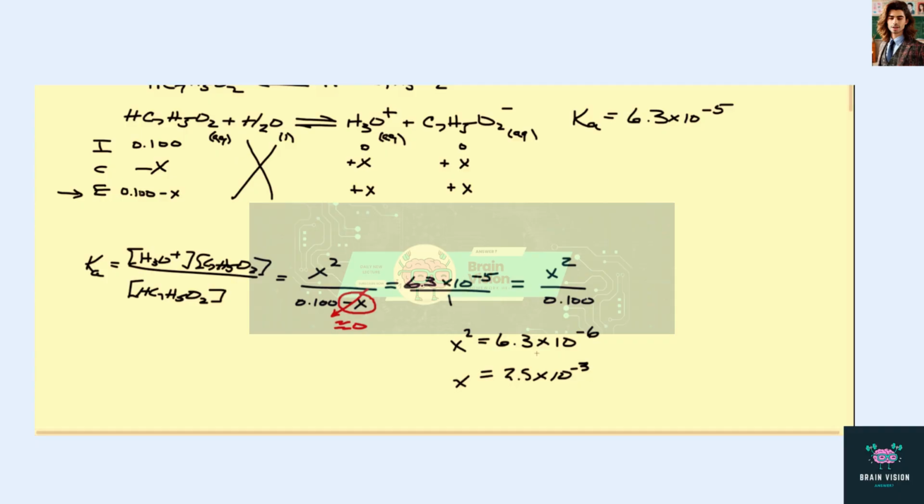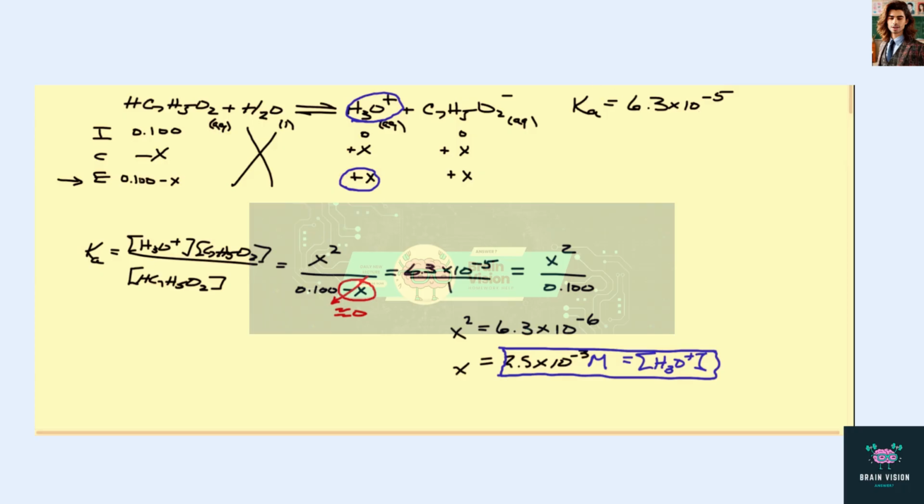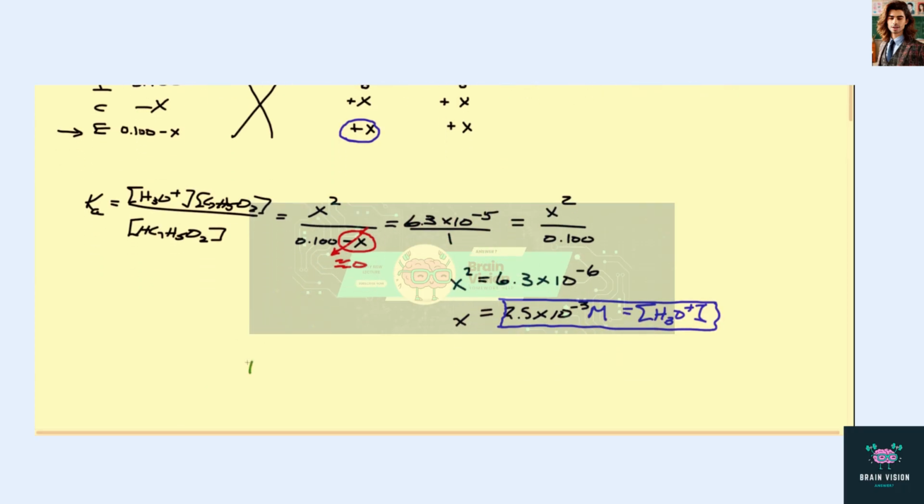And so what does X represent? We've done the algebra. What's the chemistry? Well, let's look. X is the amount of H3O plus. So if we make this molarity, that is the concentration of the H3O plus. Now we also need the pH. So remember the equation for pH. pH is equal to the negative log base 10 of the concentration of H3O plus.